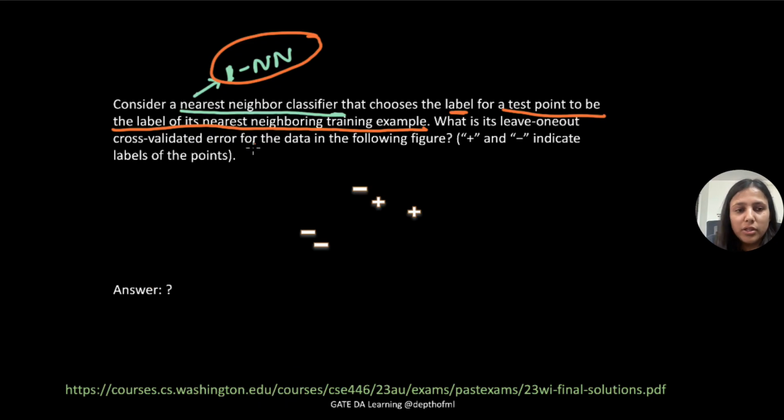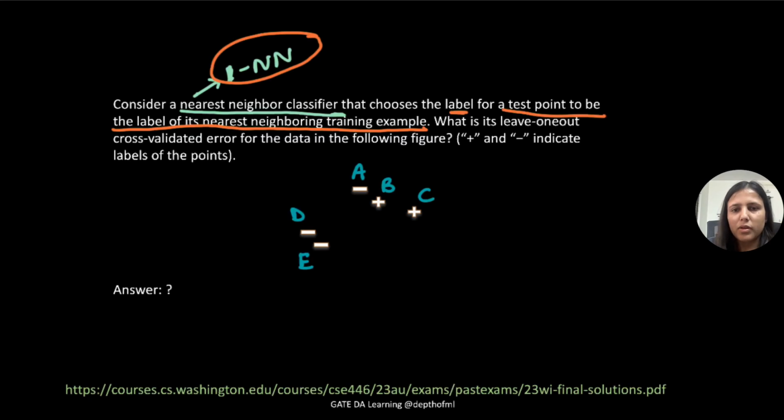To deal with this, let's first label the data, or I'll just name the data points so it's easy for us. So I have 5 data points: A, B, C, D, E. Fine, let's solve this question. You have data points like this.